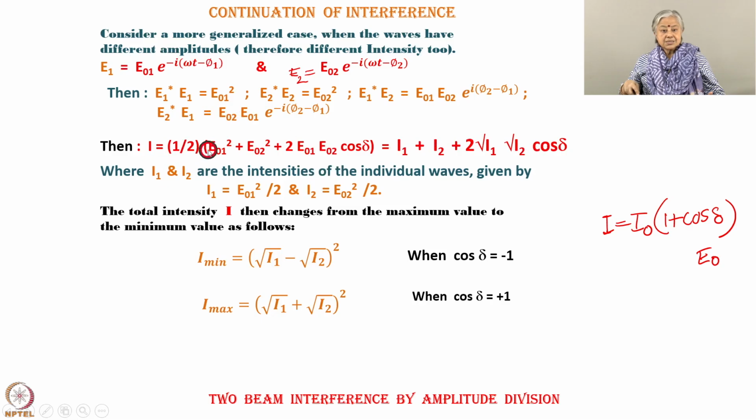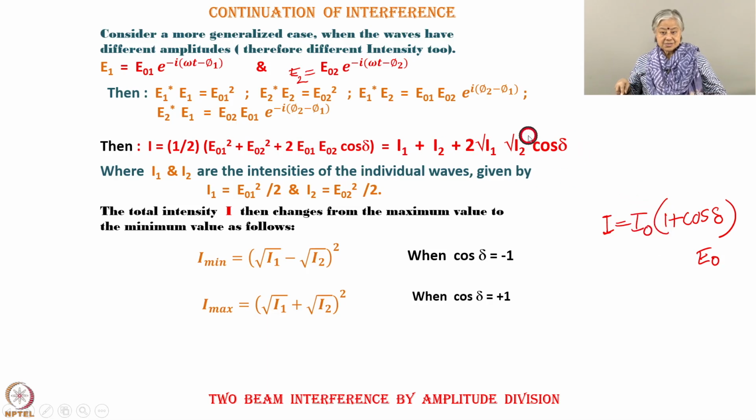Now, this intensity formula has a slightly different look than what it had previously. Previously it turned out to be just I0, the intensity of one beam. Though there were two beams, both of them had the same intensity.